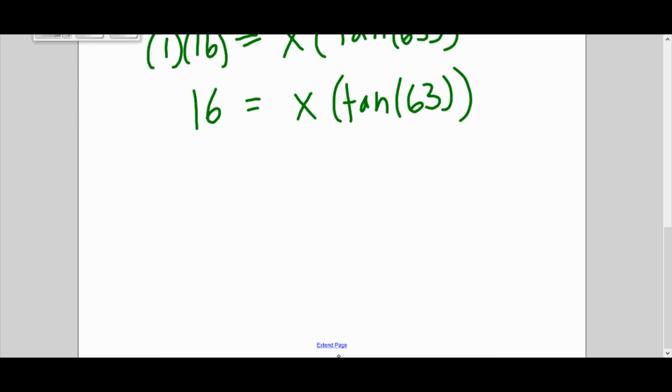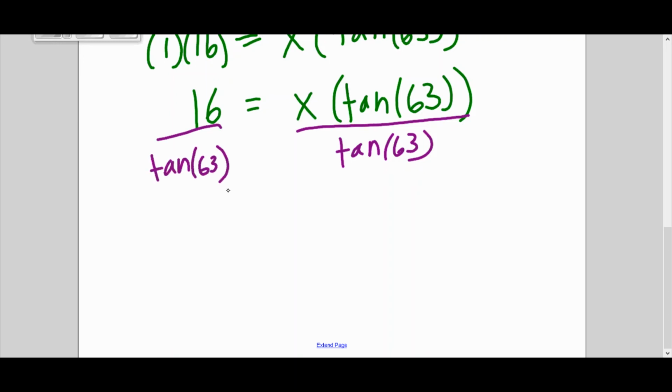So what we'll do is we want to get x by itself. So since tangent of 63 is really just going to be a number, we can divide both sides by the tangent of 63. So those cancel off. And I get 16 over tangent of 63 equals x. So this is what the measure of my adjacent side is.